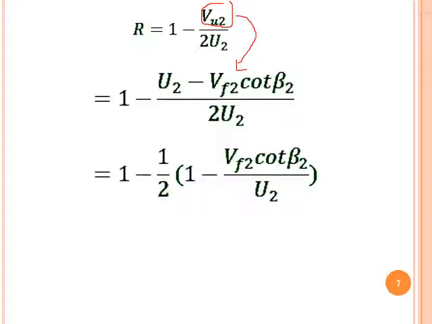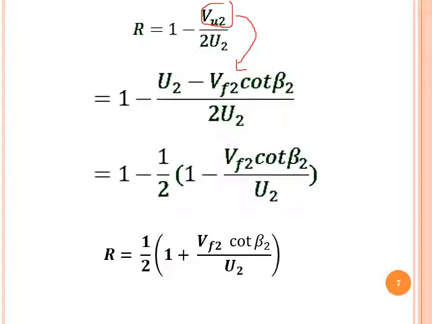the remaining term is 1 by 2 into minus Vf2 cot beta 2 and once again U2 is here, and then later this 1 by 2 is taken outside. After taking that common 1 by 2 outside, 1 minus Vf2 cot beta 2 by U2.